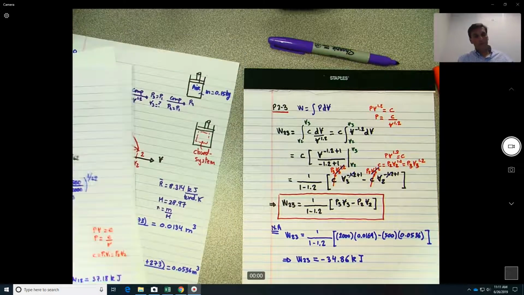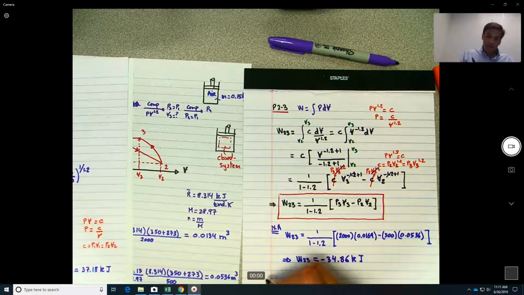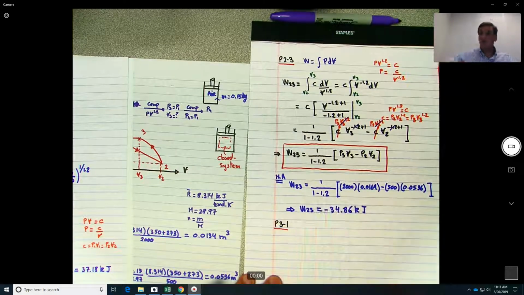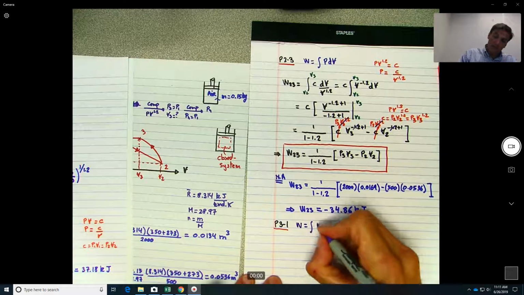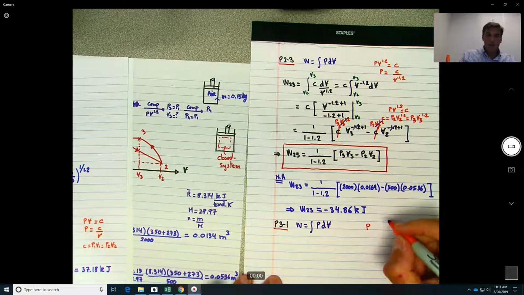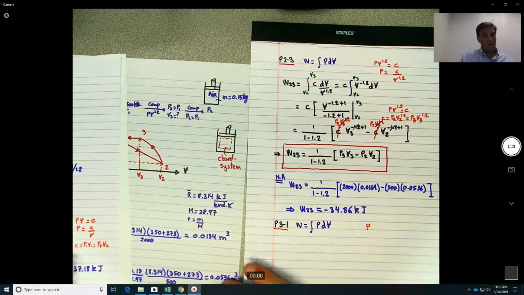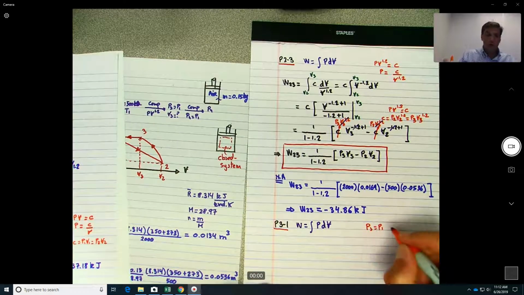Okay. And finally, we do the same thing for process 3,1. This one should be a lot faster, it's constant pressure. So use the same expression, work equal to P dV. In this case, P3 equals P1.